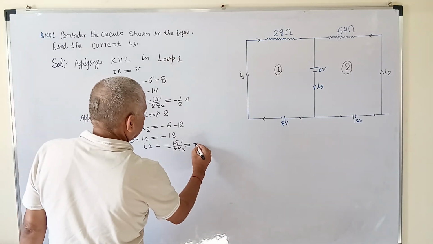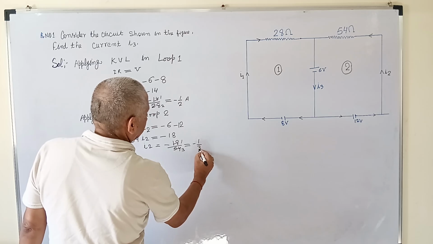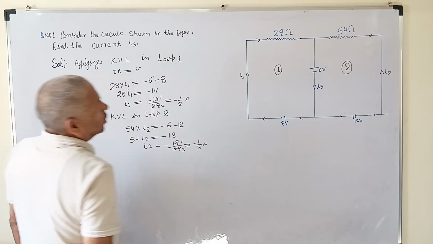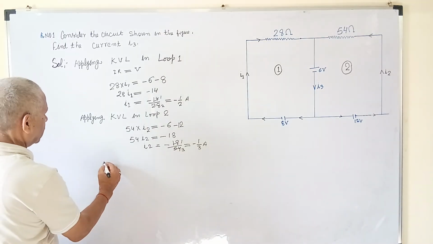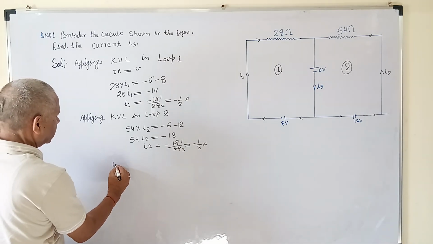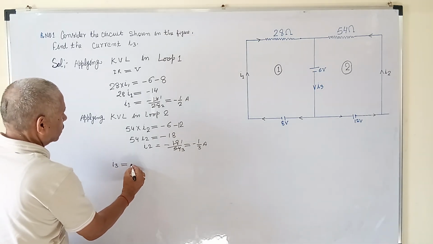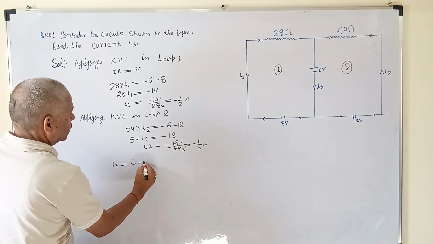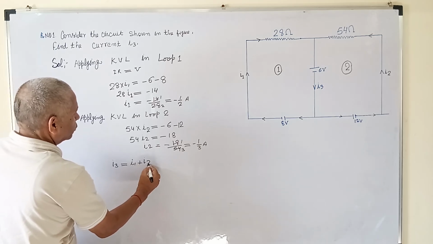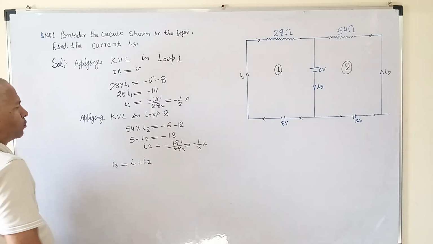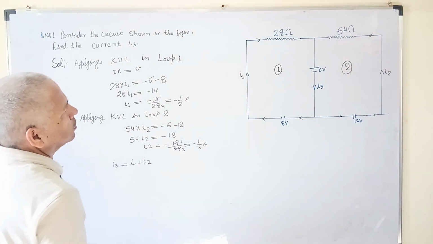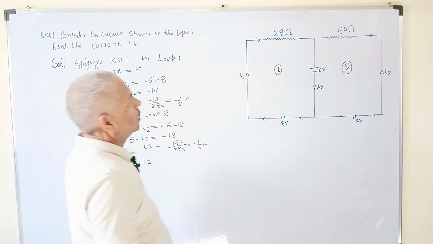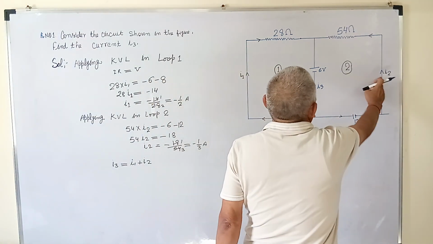So that is, it comes out to be -1/3 ampere. Now the current I3 equals to what? I1 plus I2. The current flowing through the circuit, that is I3, will be the sum of the two currents, that is I1 and I2.